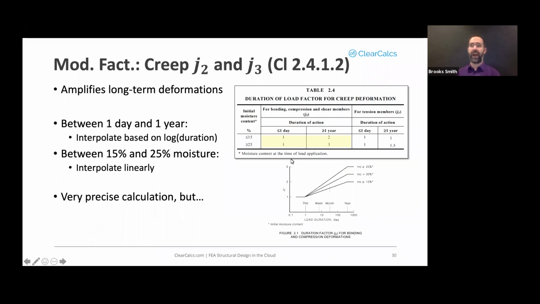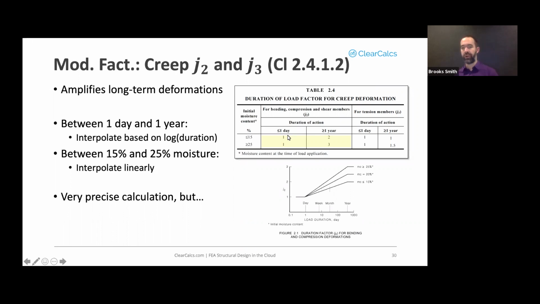So those creep factors, J2 and J3, amplify the long-term deformations. Table 2.4 gives you a duration of load factor for serviceability for various durations of the load that you're applying, duration of action, as well as for different moisture contents of your beam.